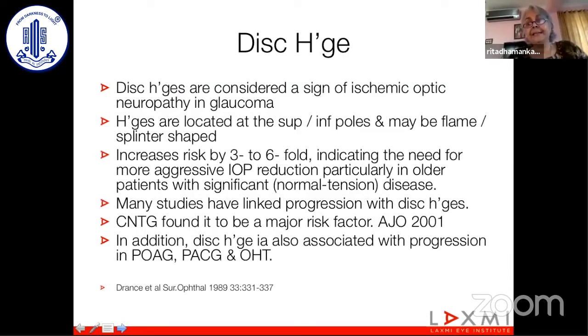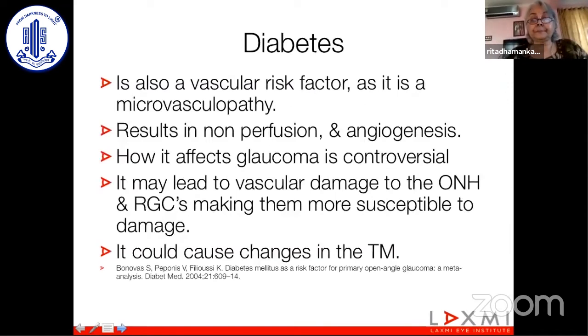Many studies have linked progression with disc hemorrhages. The CNTG found it to be a major risk factor, and in addition, the disc hemorrhages are also associated with progression in all 3 variants: primary open-angle glaucoma, primary angle closure glaucoma, and ocular hypertension.